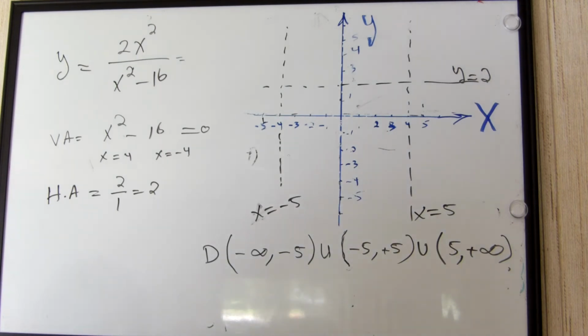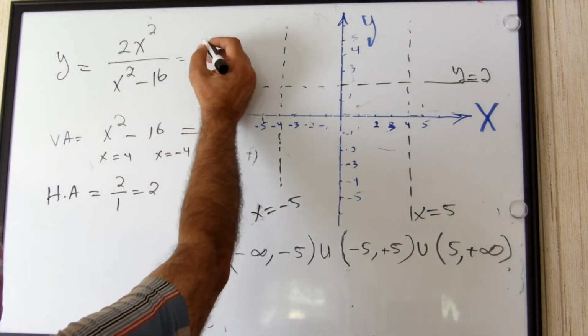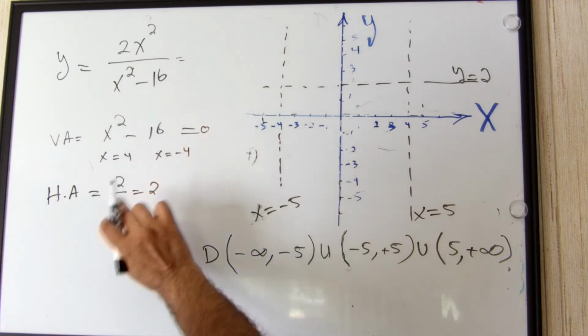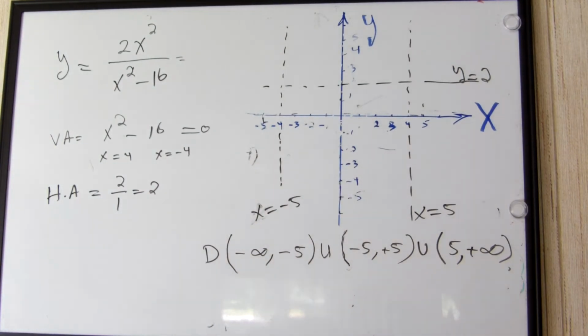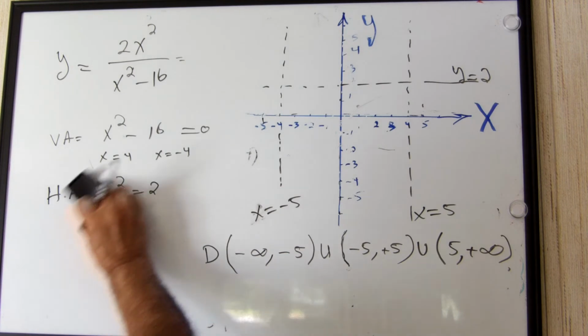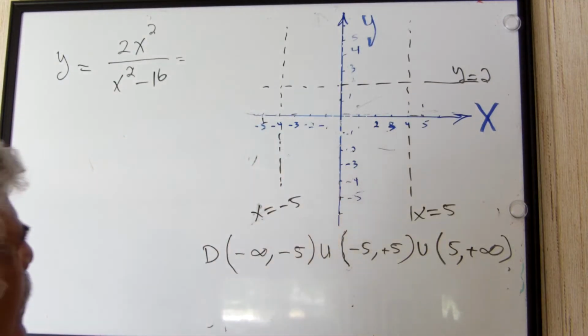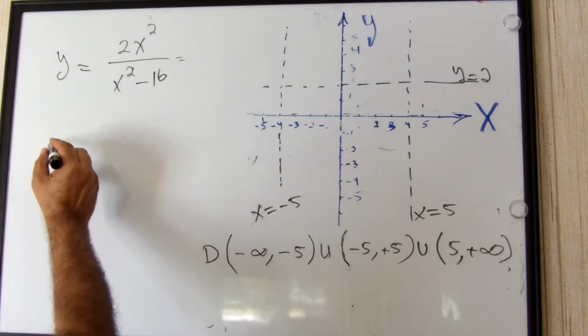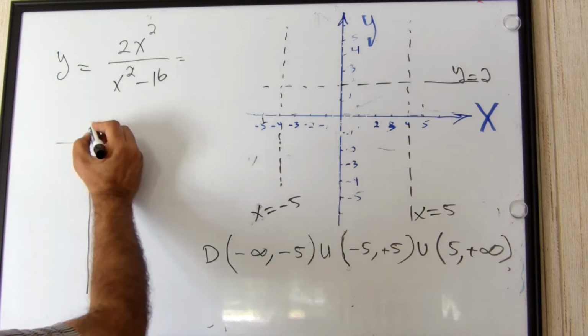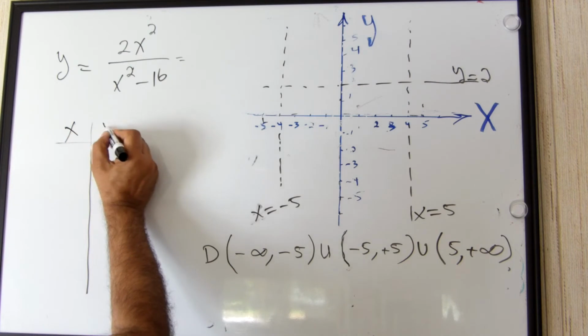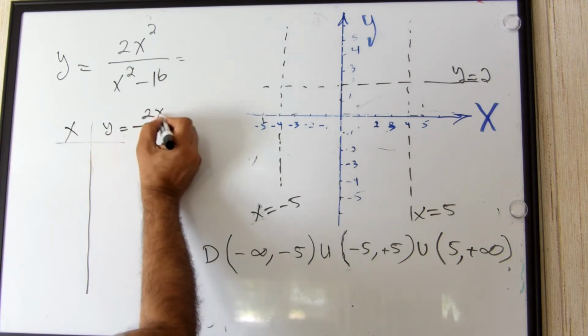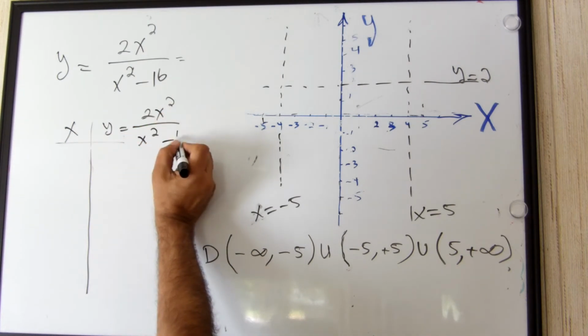Okay, now we are going to draw this. Same as before, let's clear this table here. So let's draw this. x, y. y is equal to 2x squared over x squared minus 16.